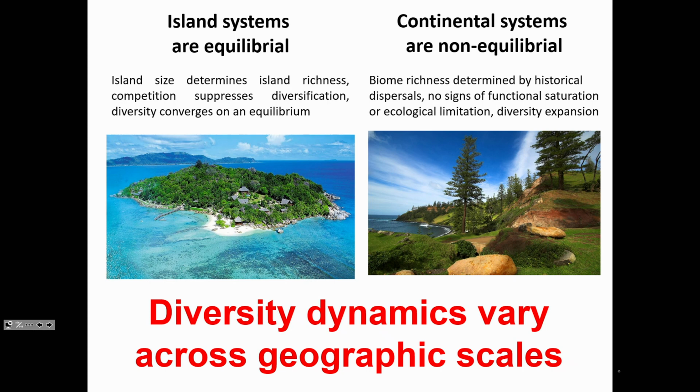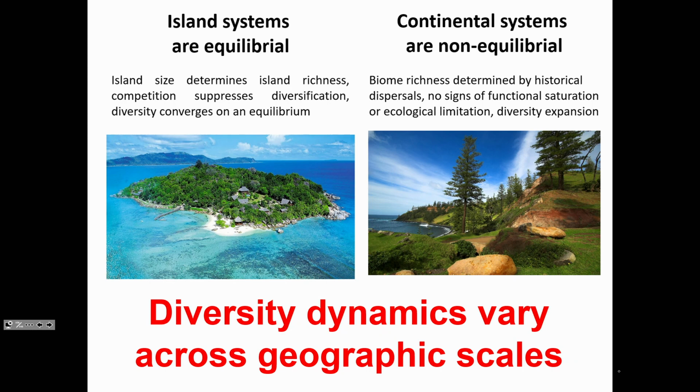Here on the continents, it's not the environmental factors, but the historical factors, which determine biome richness. Specifically, biome richness is determined by the timing of dispersals. There are no signs of functional saturation or ecological limitation, and diversity seems to be expanding everywhere. The species accumulate in a clock-like fashion all over the world.